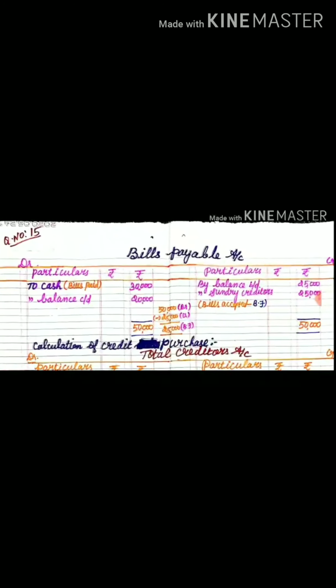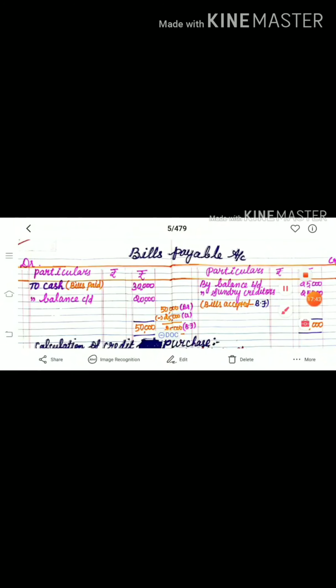In the bills payable account, the debit side is to cash, that is cash paid 30,000, and then on the credit side, by balance brought down, that is the opening balance 25,000. On the debit side there is also a closing balance of 20,000.